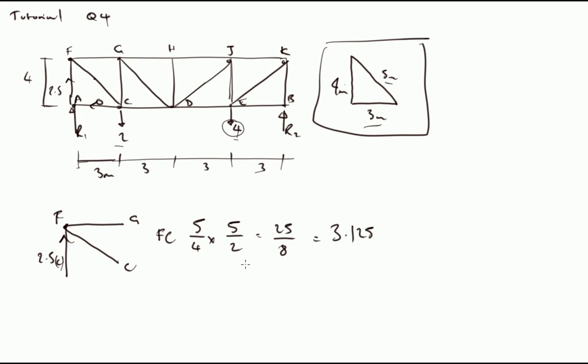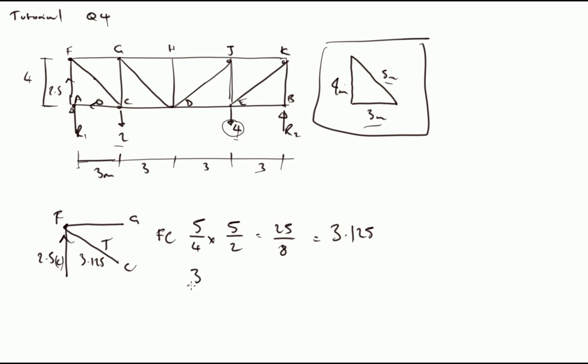So that's our value of the force in Fc, and we can see that Fc is a tension force for this all to balance. So we've got compression coming up here, so this must go in the opposite direction and therefore be tension. So that's 3.125 in Fc. And similarly, we can say that 3/5 of that force ends up in Fg in the horizontal component.